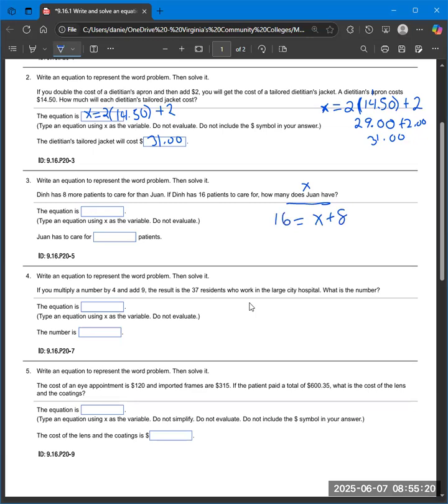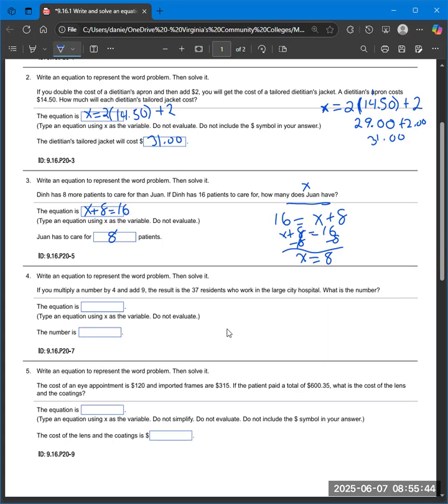So I'm going to say X plus 8 equals 16 is my equation. And I'm going to subtract 8 from both sides, and X equals 8. That's how many patients Juan has.